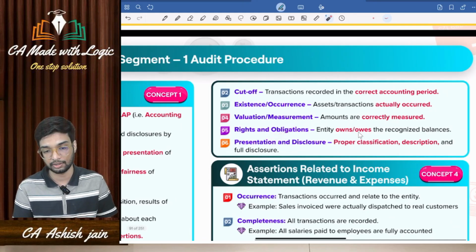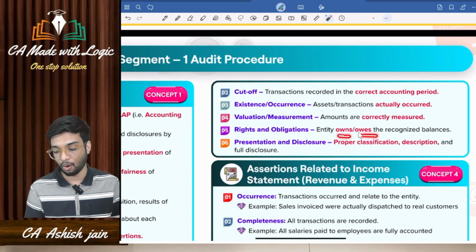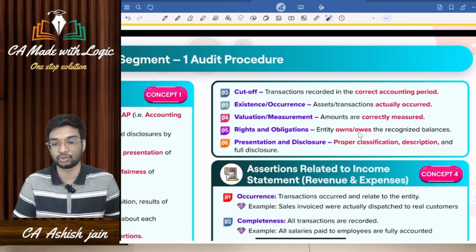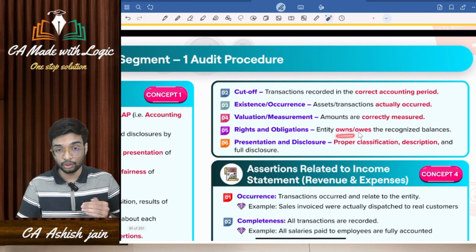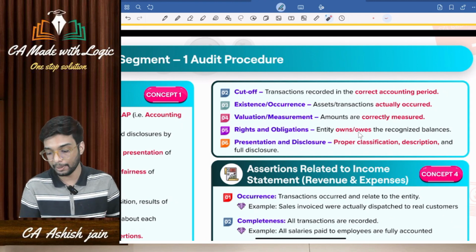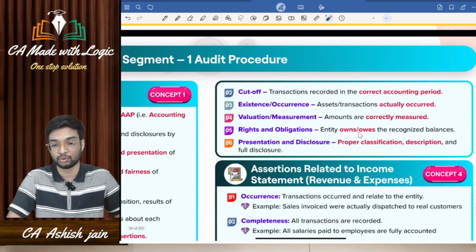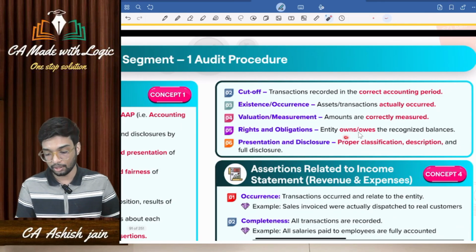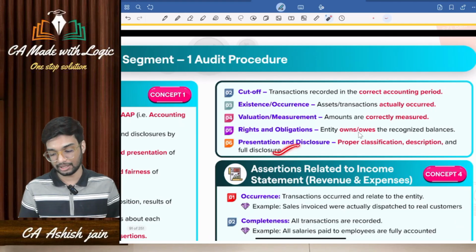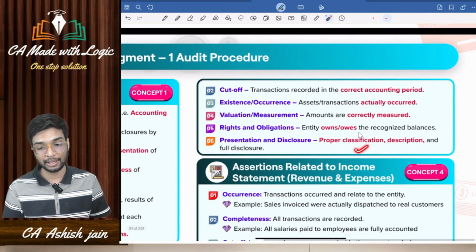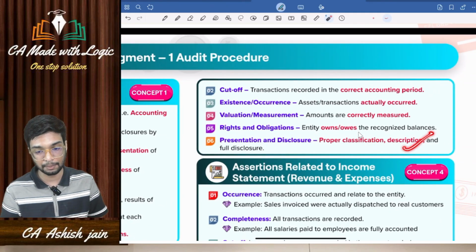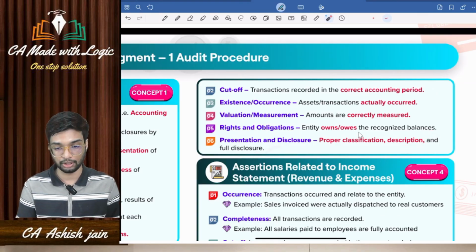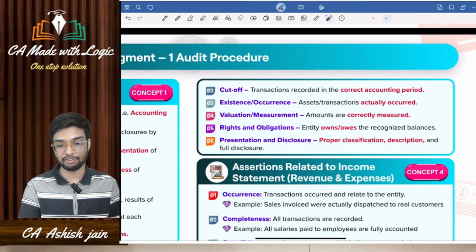Rights and obligations are nothing but what the entity owns or owes. What the entity owns is called rights. Obligations are what it owes. Owns and owes. Then comes presentation and disclosure, which talks about proper classification, description and full disclosure. So these are all the things which we have discussed.